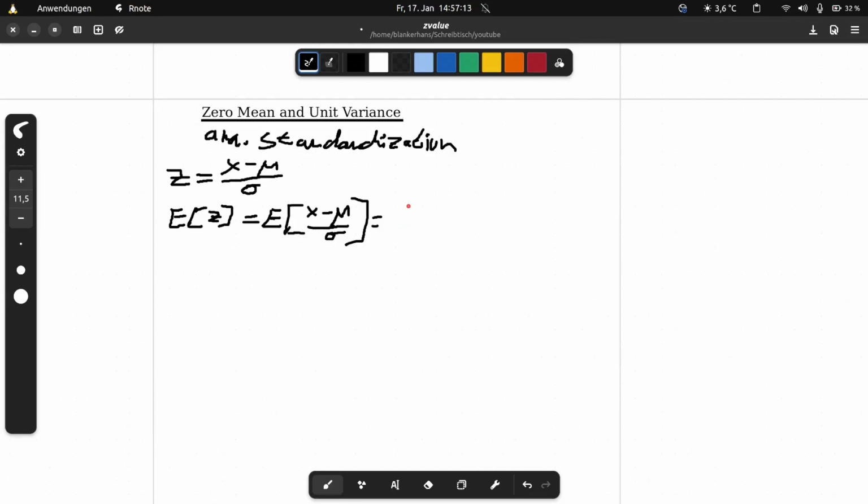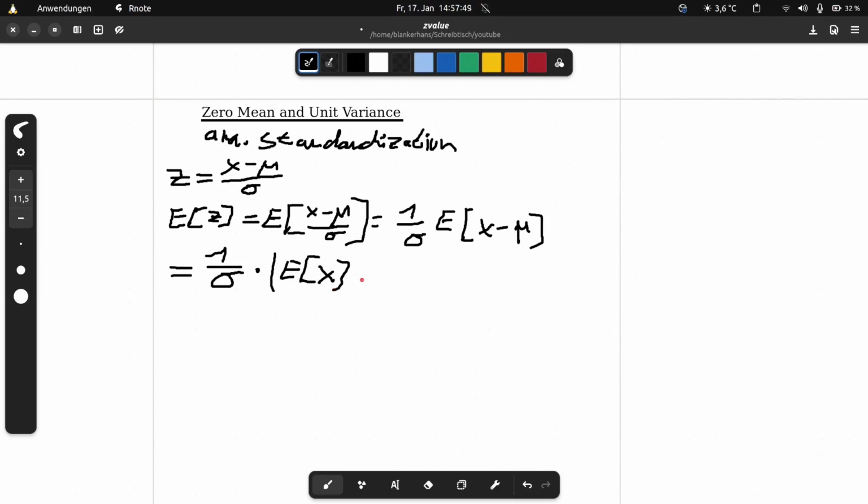So sigma is not a random variable and it's a scalar, so we can write it in front of the expectation and we are left with x minus mu. So again, we can use the linearity and we can rewrite it as 1 divided by sigma times expectation of x minus expectation of mu.